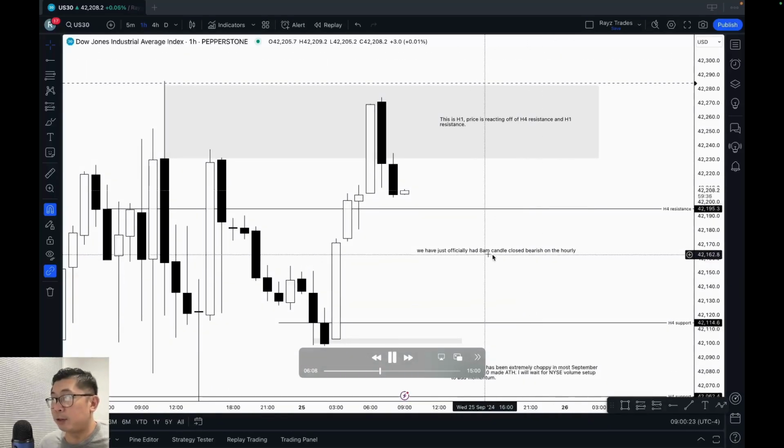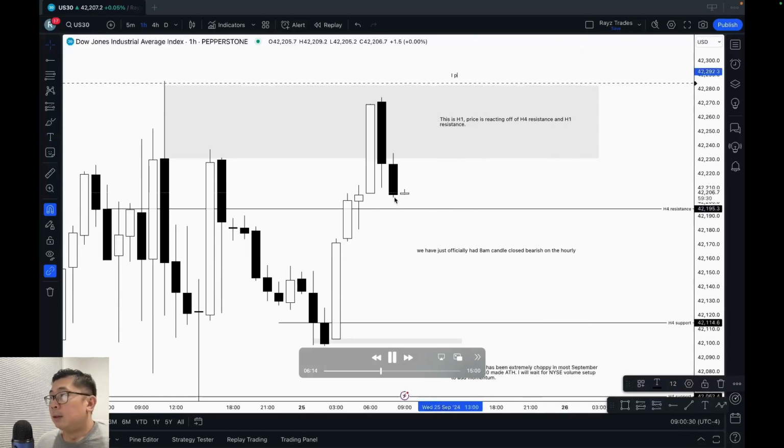Right, so we have just officially had the 8 a.m. candle close bearish on the hourly, which is this one, guys. And I'll put an alert up here, just in case the NYSE wants to break the 1 hour resistance and the 4-hour resistance.